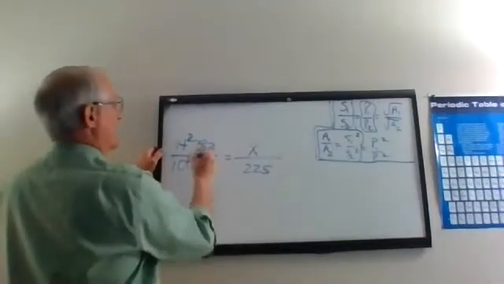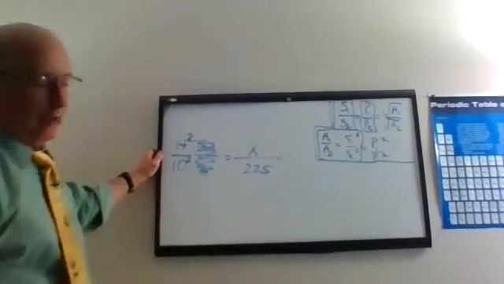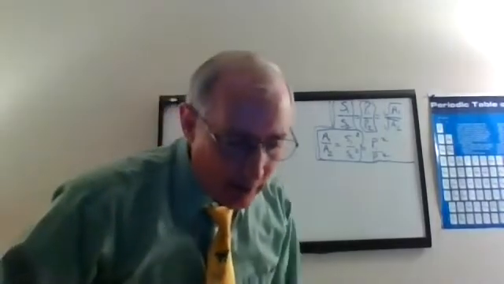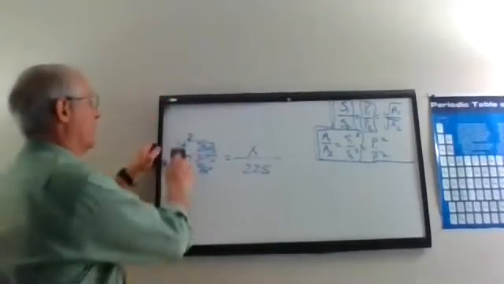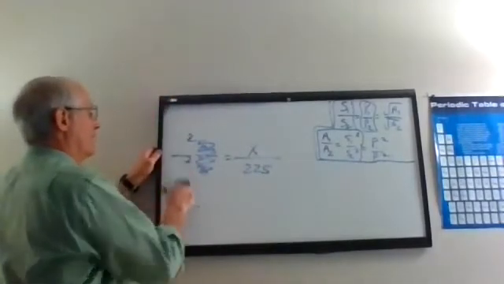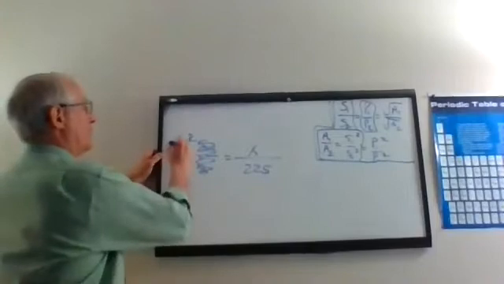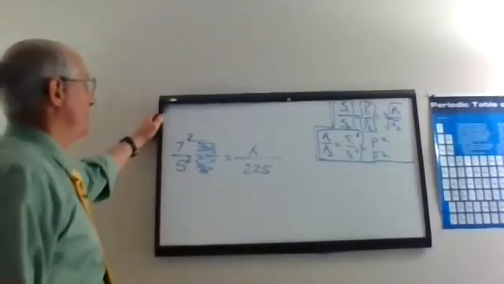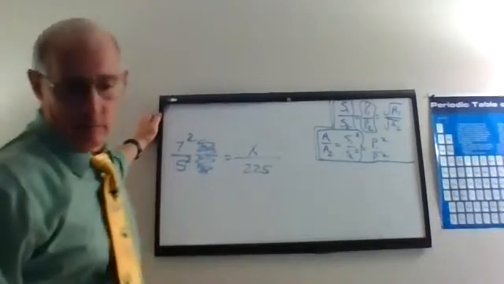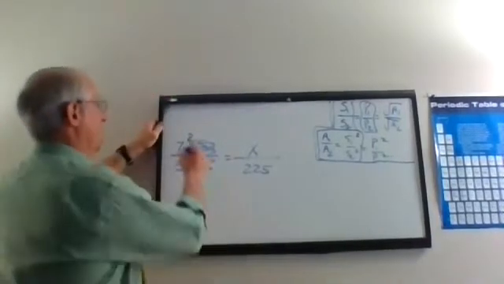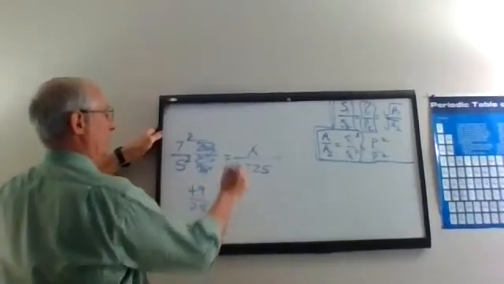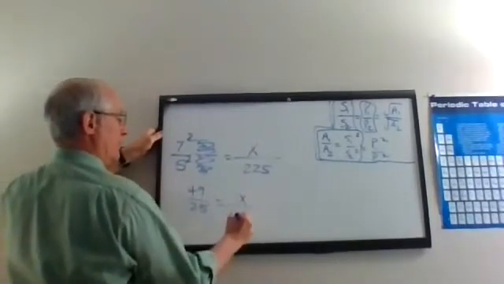Now, I believe what they did was they went ahead and reduced that to 7 over 5. It doesn't matter. The simple proportion is going to work out either way. So we can go 7 over 5 like they did, because that's the ratio of the sides. And so we'll go ahead and 7 squared is 49, 5 squared is 25, and that equals x over 225.